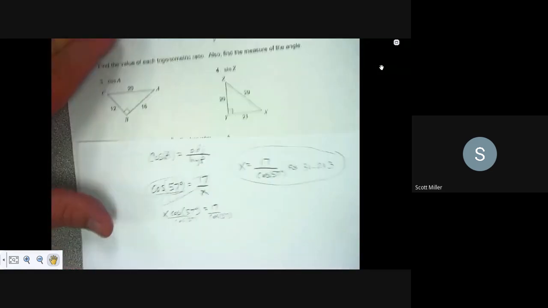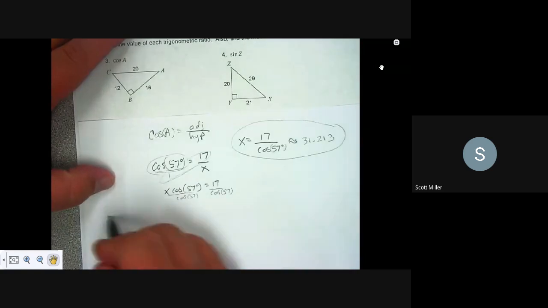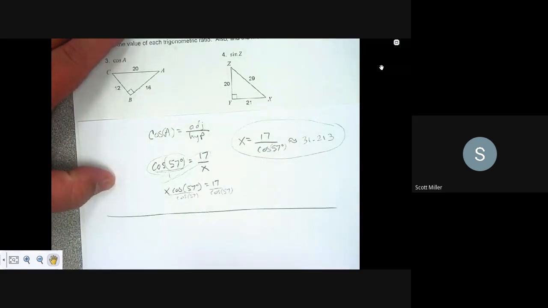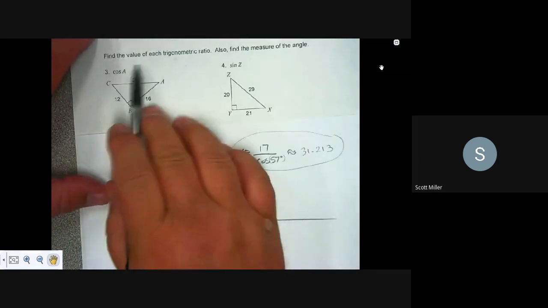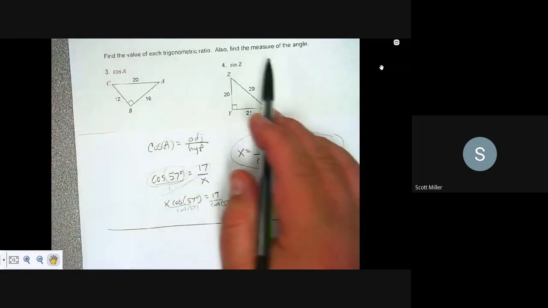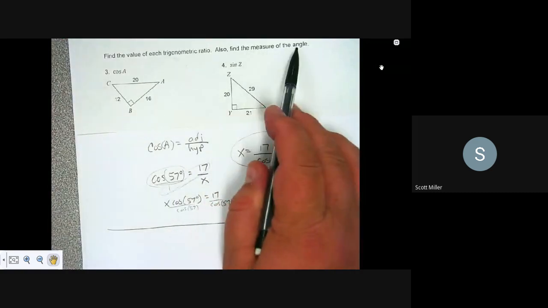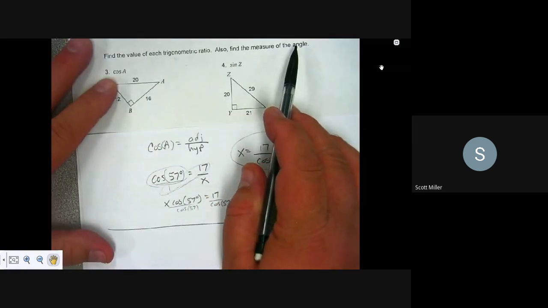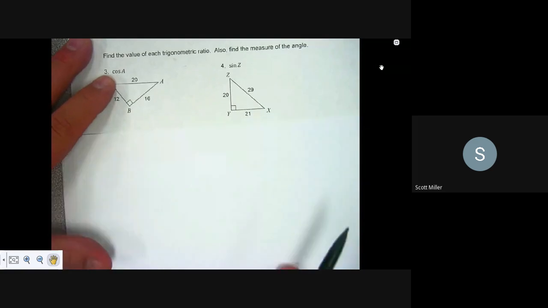If I continue down to the next grouping over here, we'll take number 4: find the value of each trig ratio, and find the measure of the angle. So this is one where I'm going to look for how do I find the measurement of the angle.